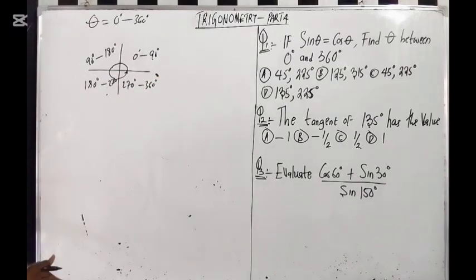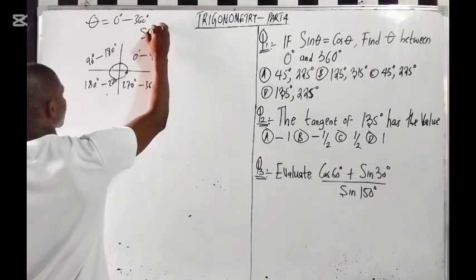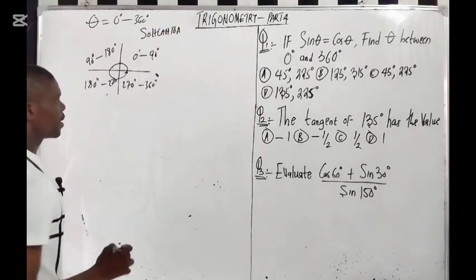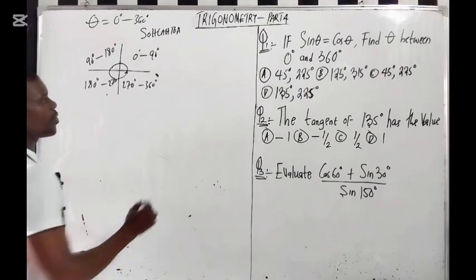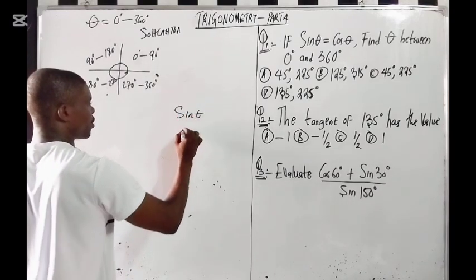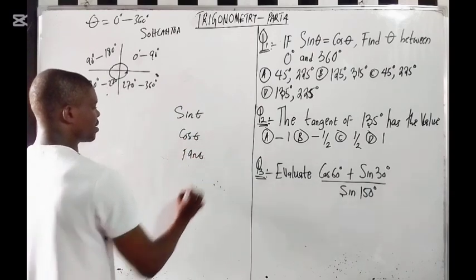Now remember, in trigonometry we use what we call SOHCAHTOA. Remember you have to call sine theta, cos theta, or tan theta.